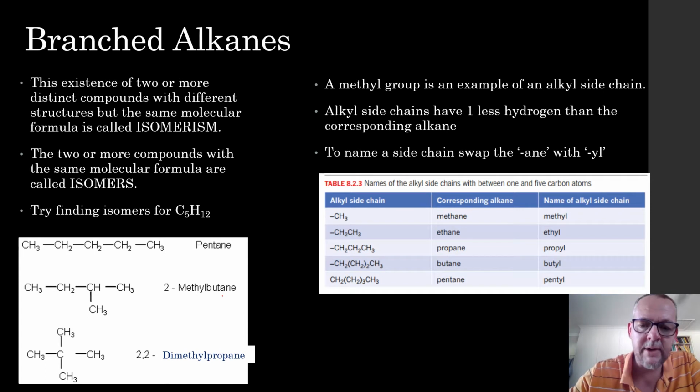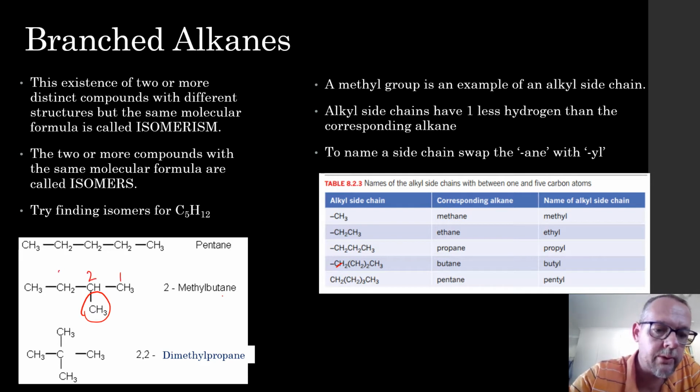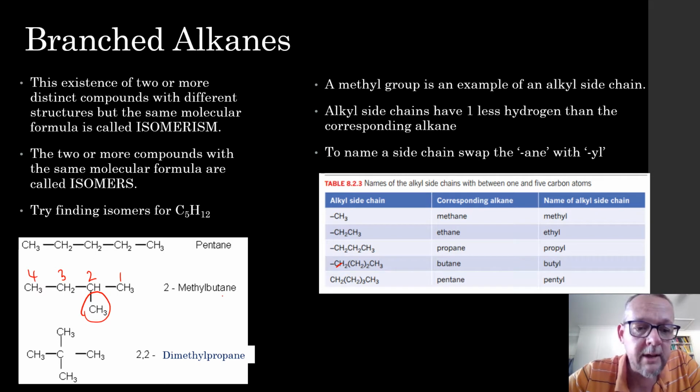But when we get these groups on the side, we're going to name each of these after the carbon backbone. So we'll go 1, 2, 3, 4. I can see that this is a 4 carbon backbone, and it's got a little group off the side, and it looks like a methane.